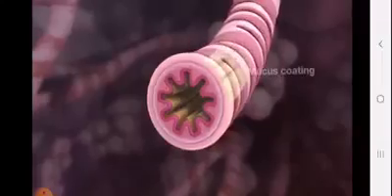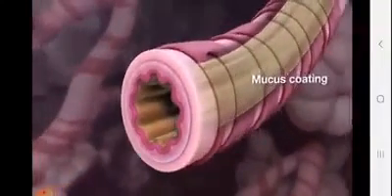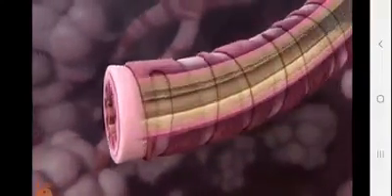Normally, airways are coated inside with a thin layer of fluid and mucus. The mucus catches dust and germs from the air you breathe in. Then, hair-like projections on the airway surface, called cilia, push the mucus, trapped dust, and germs out of the lungs.